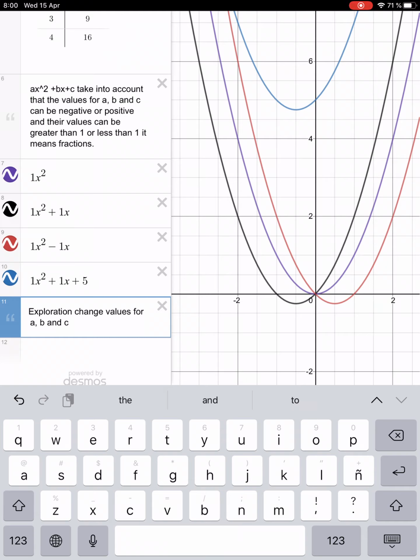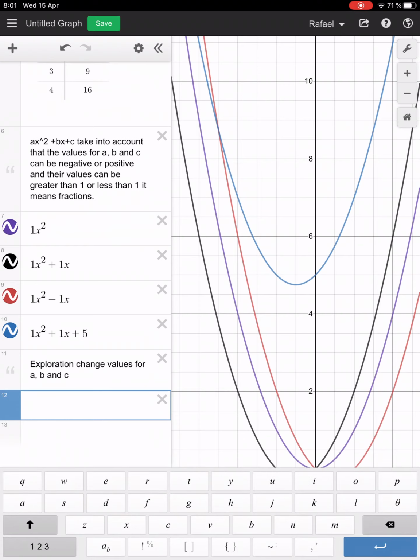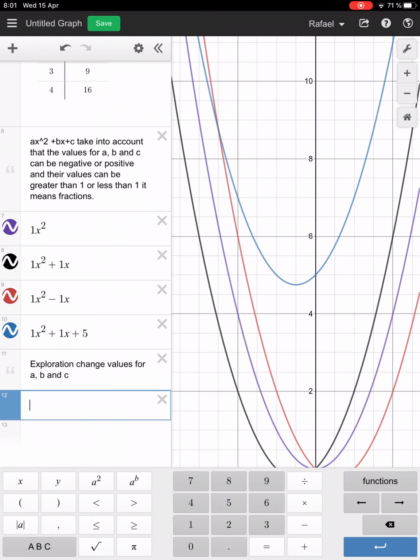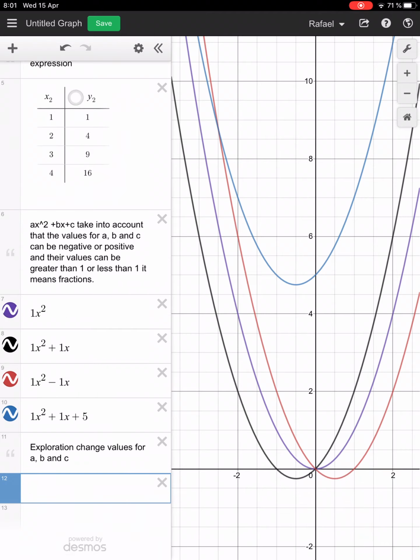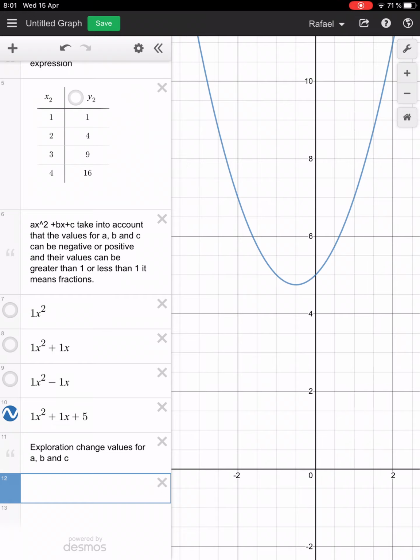In this sense, you can take, for example, the same expression I did before. If you want, for example, instead of having 1x squared, I'm going to type in the colors, just ignore the graphs. I'm going to take only as a reference x squared.